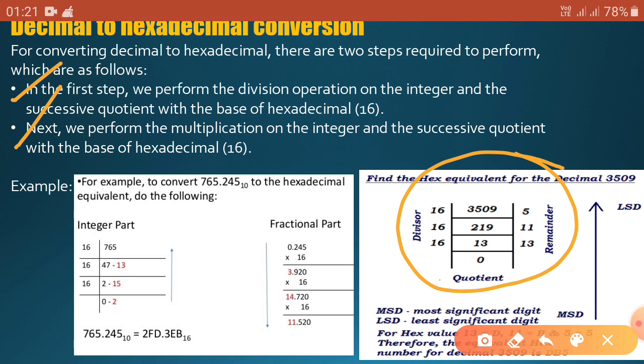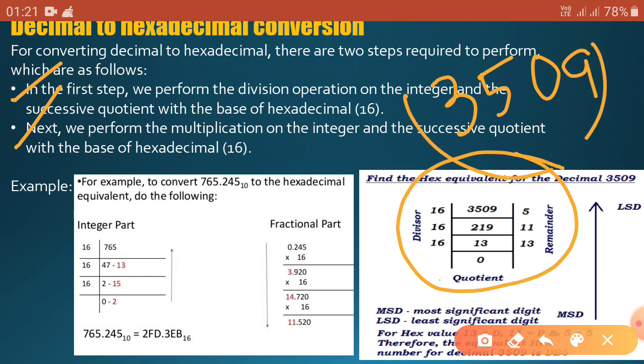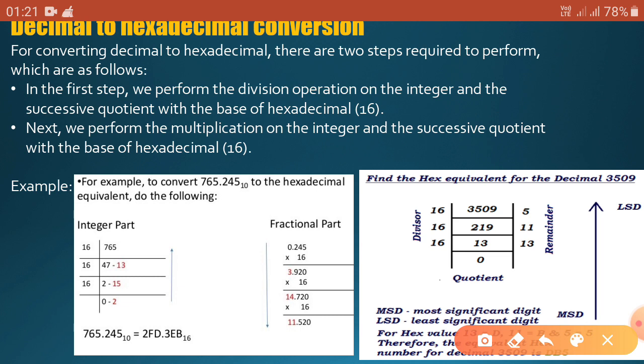Suppose 3509 is in the decimal number system, base 10. If we want to convert this decimal number to the hexadecimal number system, we have to divide this number repeatedly by 16, and whenever we get 0 at the quotient, we stop. Look at the example. Here it is 3509, so 16 and 3509.